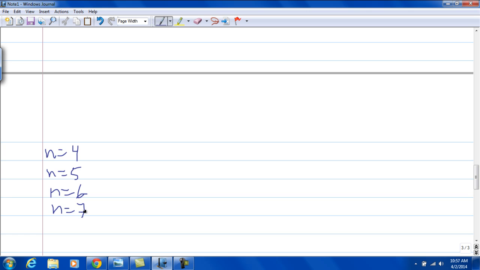So for 4, we're going to have 1 over 6 times 4 plus 1 times 4 factorial, which is what? Oh, it's 6 times 4 plus 1.